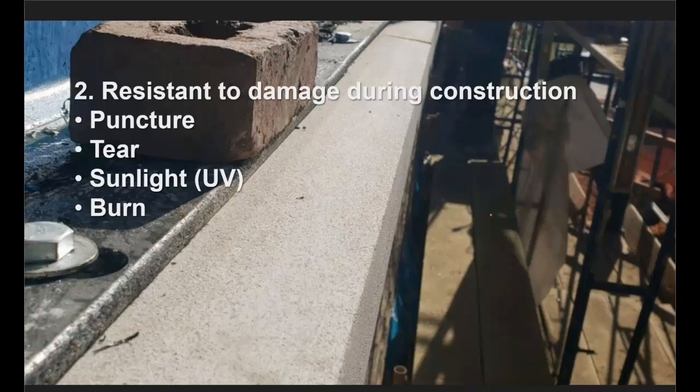The more durable your flashing can be, puncture, tear, UV resistance, the better chance we're giving it to survive construction and survive that process of it sitting out on the job site for weeks or even months. Things are falling on it, other trades are stepping on it, the sun is starting to compromise it. Let's give it the best chance we can and not negotiate the integrity of it before we even put it in the wall.